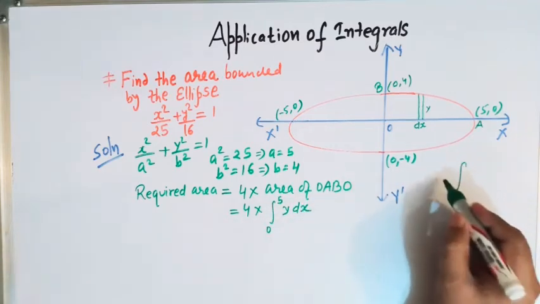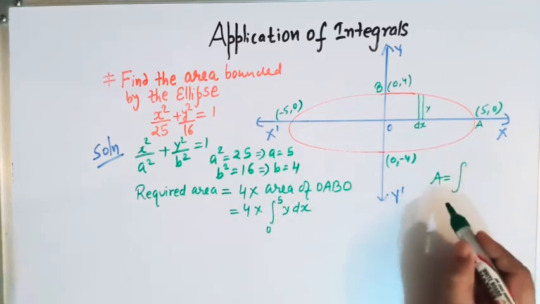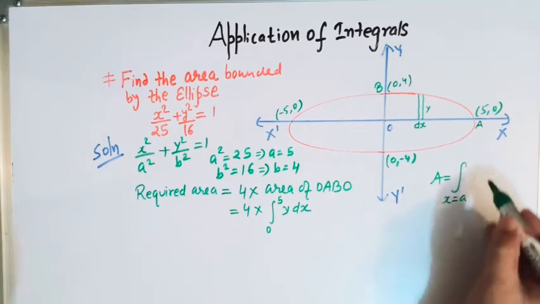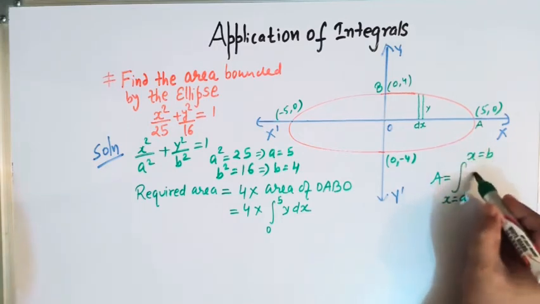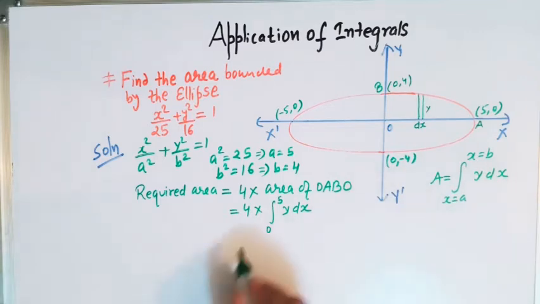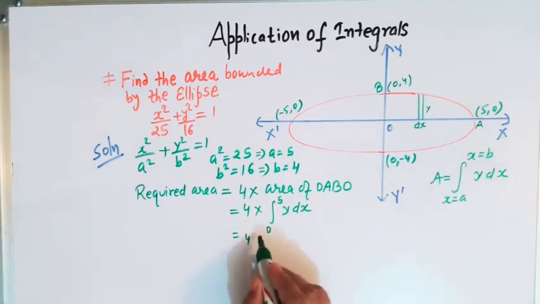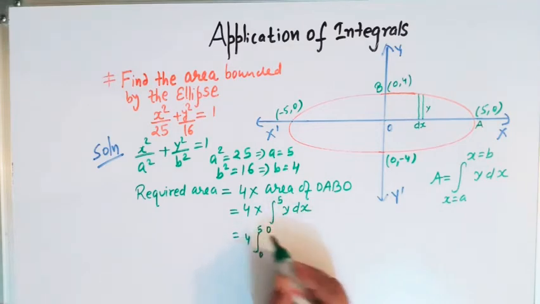Because we know that the area is given by the integral from x equal to a to x equal to b of y dx, right? So now this is 4 times the integral 0 to 5 y dx.